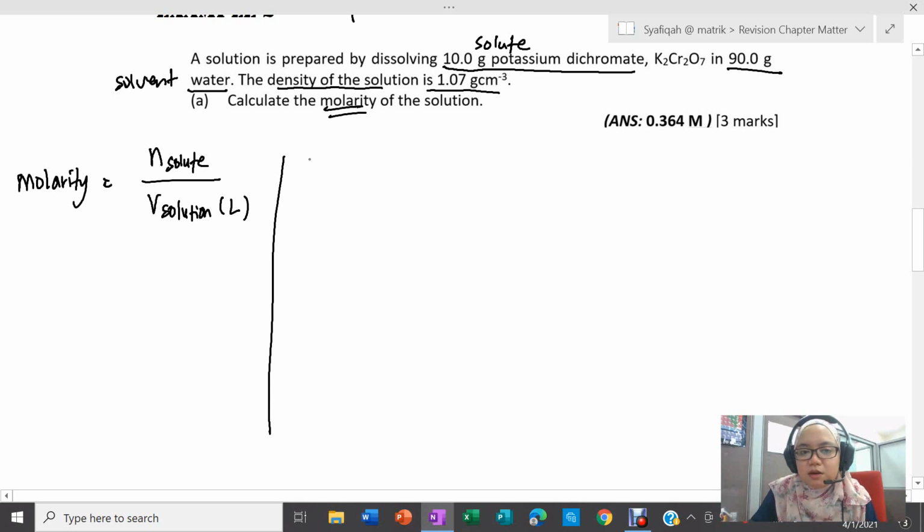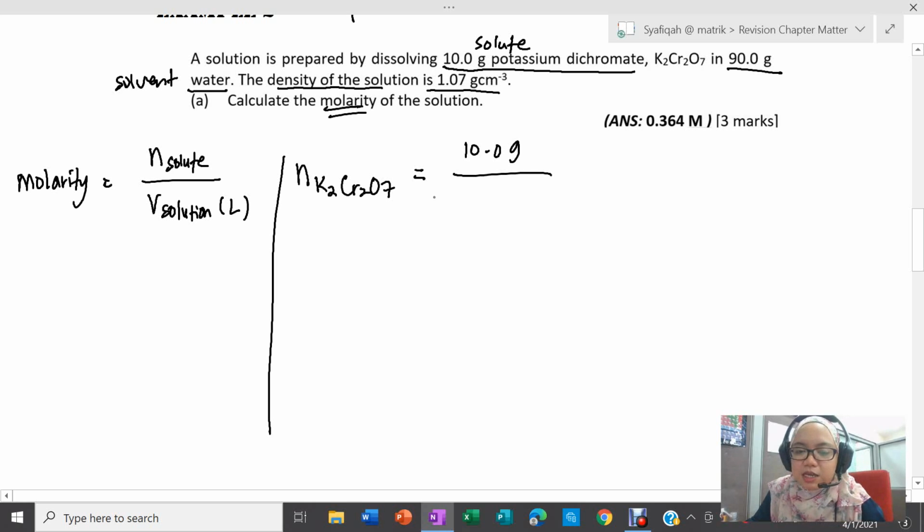Okay. So, nak cari number of mole of solute. So, awak kena tahu solute ni adalah potassium dichromate. So, number of mole of potassium dichromate, K2Cr2O7. Dia bagi kita mass betul. So, you boleh guna mass divide by molar mass to get number of mole. So, terus je buat 10 gram divide dengan, okay, you kena carilah molar mass step satu ni.